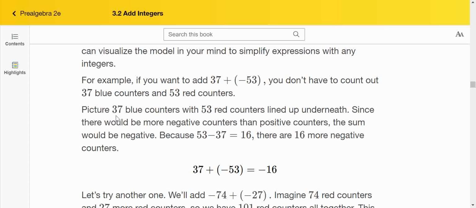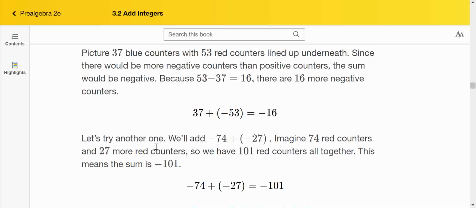Picture 37 blue counters with 53 red counters lined up underneath. Since there would be more negative counters than positive counters, the sum would be negative because 53 minus 37 equals 16. There are 16 more negative counters.